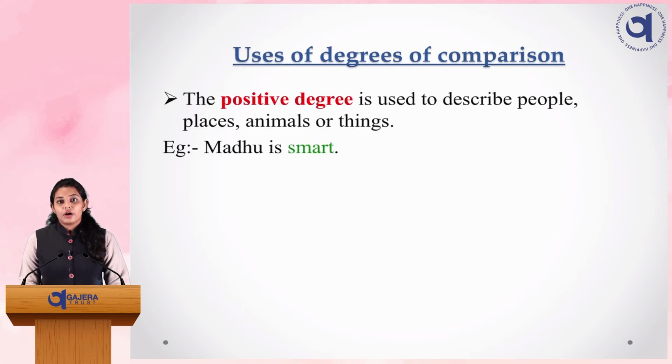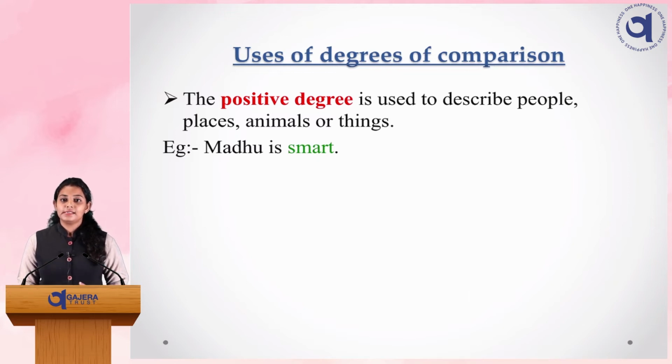Our first degree of comparison is the positive degree. The positive degree is used to describe people, places, animals or things. For example, you can see Madhu is smart. Here the quality of Madhu is being described, like how is Madhu?